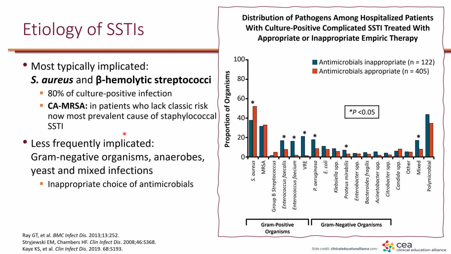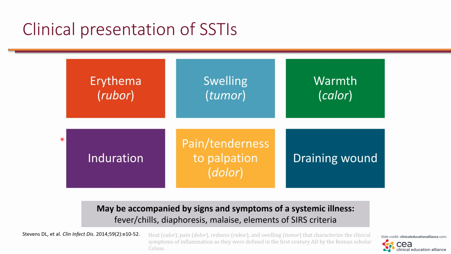anaerobes and yeast. Now, with clinical presentation of skin and soft tissue infections, essentially the hallmarks are erythema, swelling, warmth, induration, pain or tenderness at the site of infection, and for some of them that are purulent, drainage possibly coming from the wound.